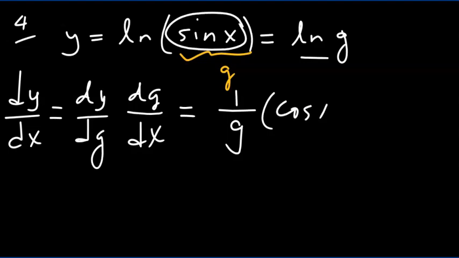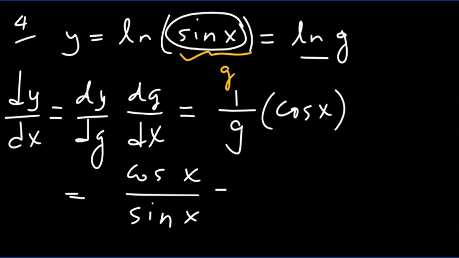It's quite simply cosine of x. So substituting g, you get cosine x over sine x, or cotangent of x. And that's the answer for this problem.